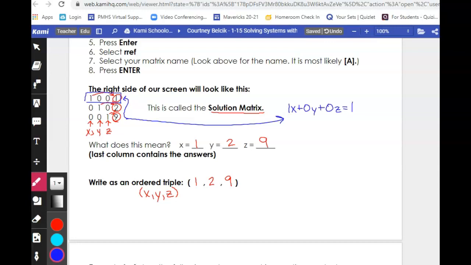Well, if this is my equation that's created with that first row, 0y's and 0z's get canceled out, and you have x equals 1. And that's how I get my answer of x equals 1 here, because each row creates an equation. So I just wanted to point that out to you, that that's how I know that it's my x value that equals 1, and my y value that equals 2, and my z value that equals 9, because we can create those equations.